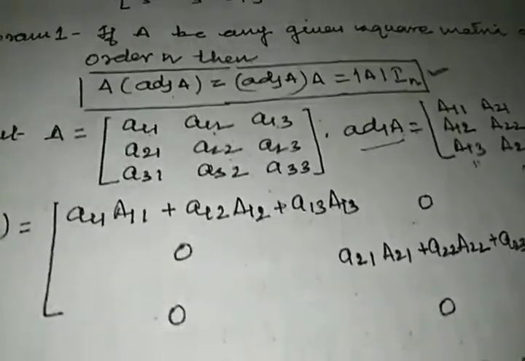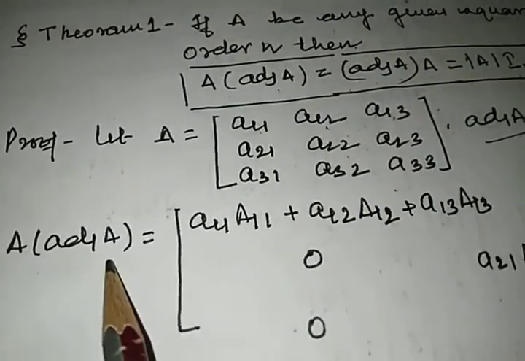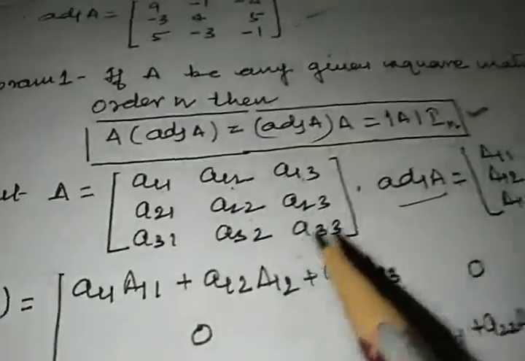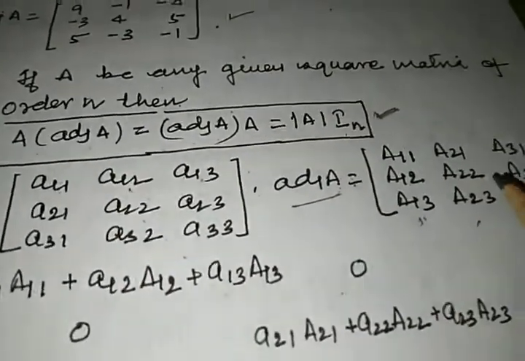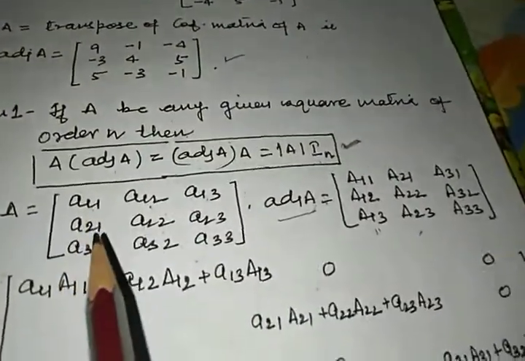Now see carefully, A into adjoint A. When you are doing A into adjoint A, then you will multiply. In the last lecture I told you to see it carefully.